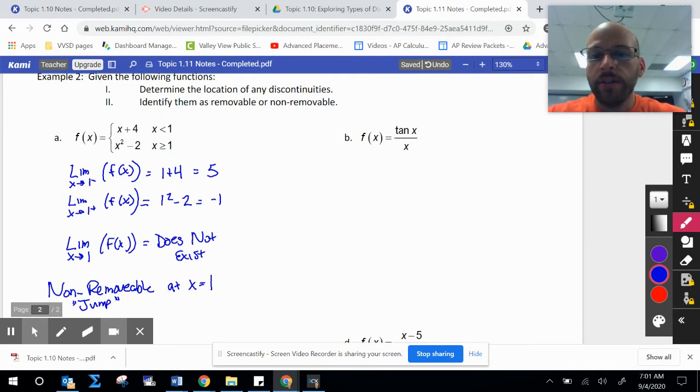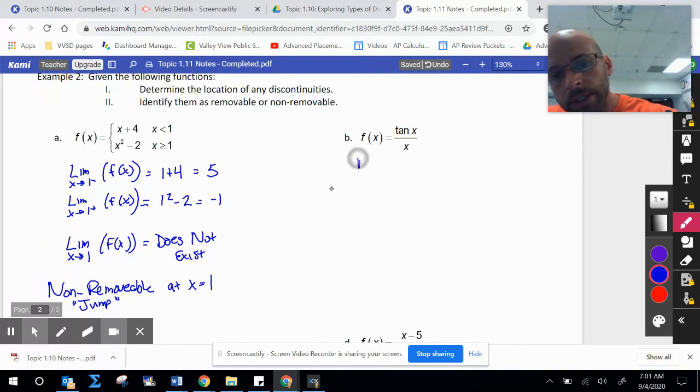So I have tangent of x over x. Okay? Now, what I like to do here is I'm going to write it as sines and cosines.